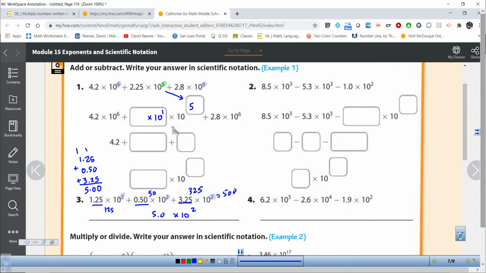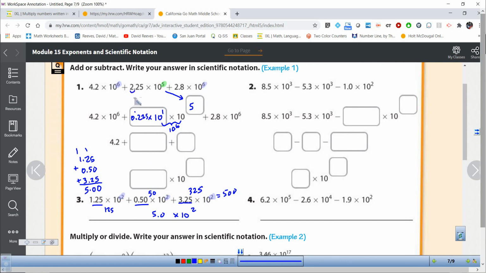I just made the power of 10 10 times bigger. Now I have 10 to the 6th, so this must now become 0.225. I move the decimal one place.